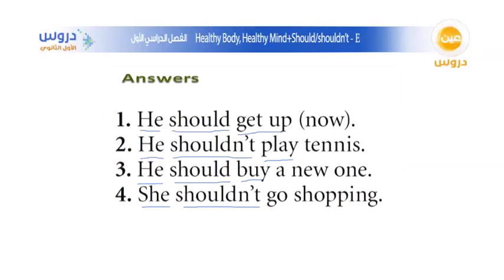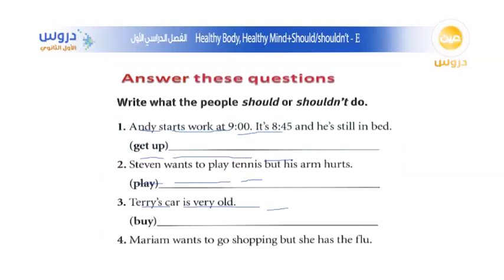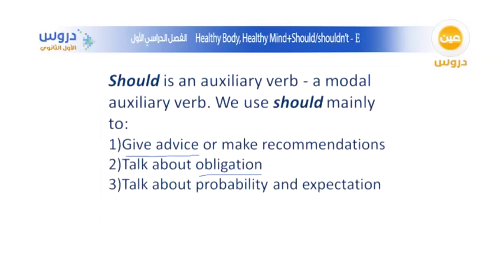The auxiliary verb shouldn't. Excellent, brilliant. And go is the main verb. So is it easy or difficult now? Is it clear how we can use should or shouldn't? We use should and shouldn't to give advice, to talk about obligation, and to talk about probability and expectation.